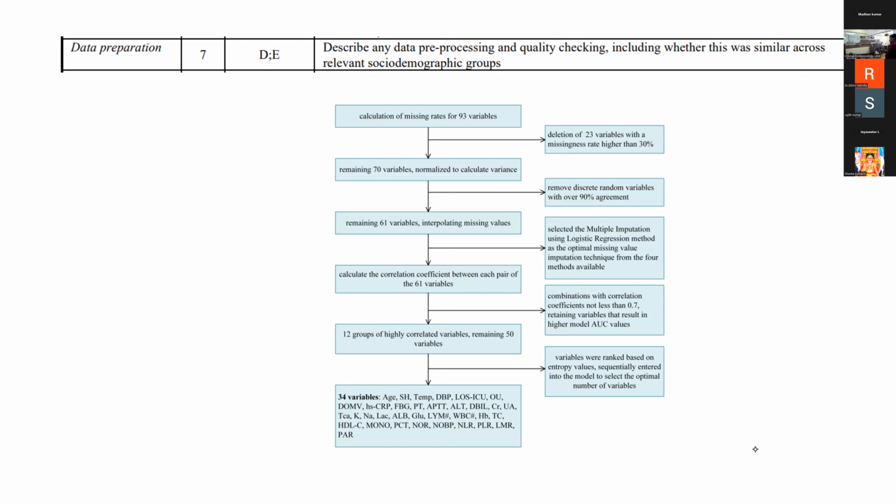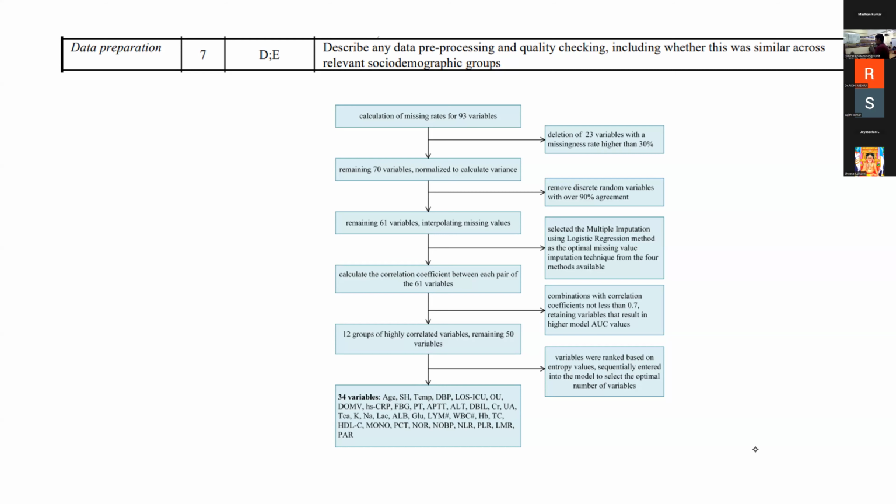Of the remaining variables, they looked at agreement, and variables with more than 90% agreement they again excluded. Then for the remaining variables, some of the data were not available, so they used multiple imputation techniques, finally using multiple imputation with logistic regression. This is another method of imputing values and arriving at what value they should use when a value is actually missing.